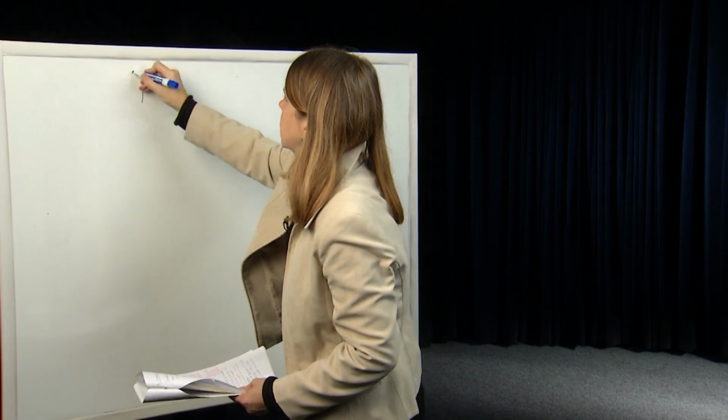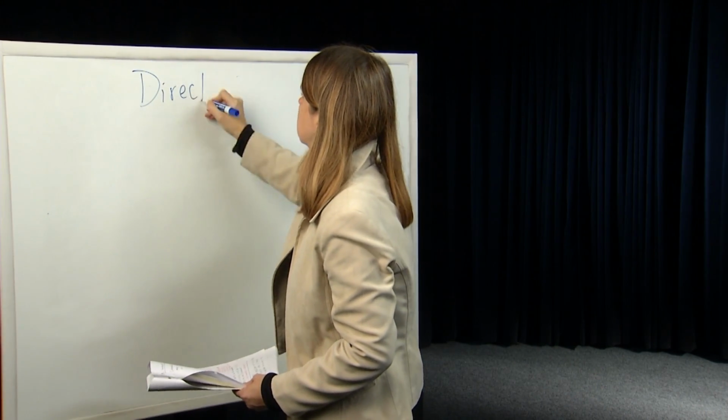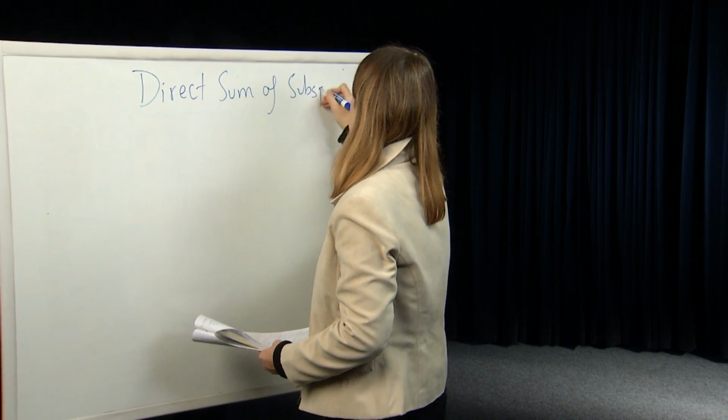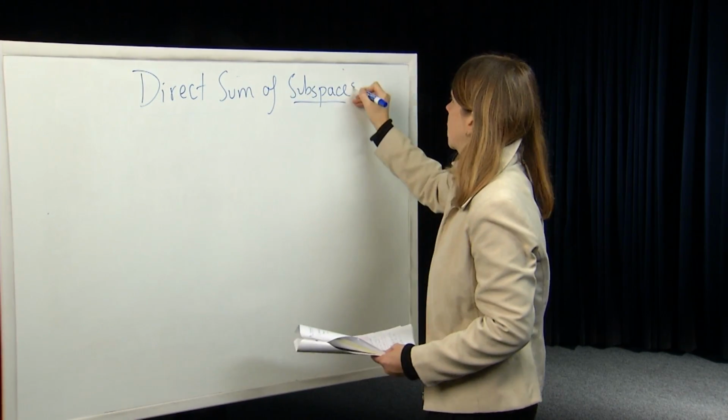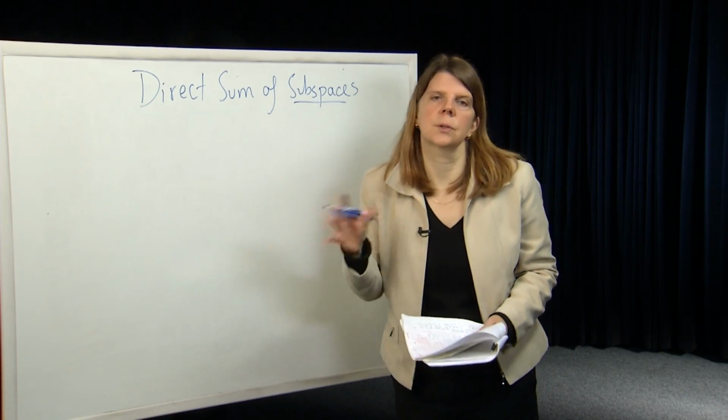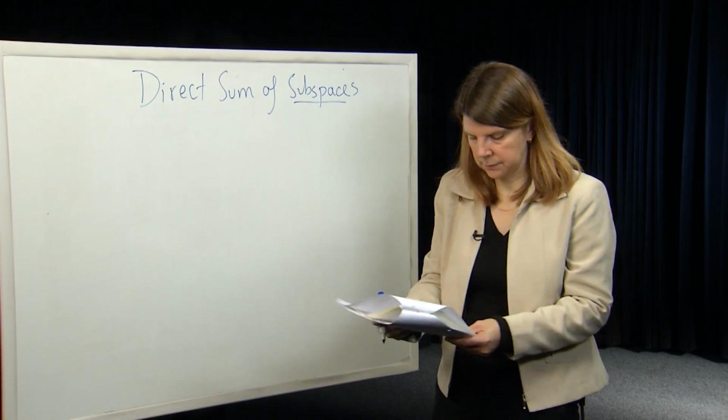Okay, so direct sum of subspaces. Again, we're starting with this structure, which is a subspace. It's a vector space in itself, which is a subset of a vector space.